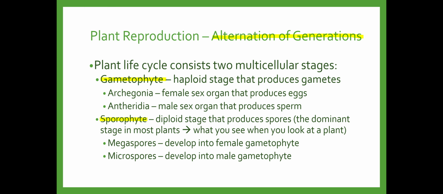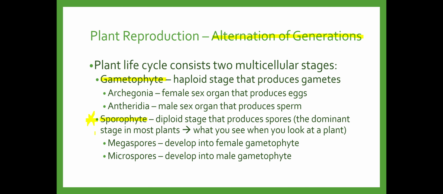Now, they each have their own slightly different versions, but in a plant life cycle, they alternate between a multicellular gametophyte and a multicellular sporophyte. Now, if you look outside at the plants growing, outside of your school, outside of your home, as you drive down the interstate, when you're looking at most plants, what you're looking at is the sporophyte.